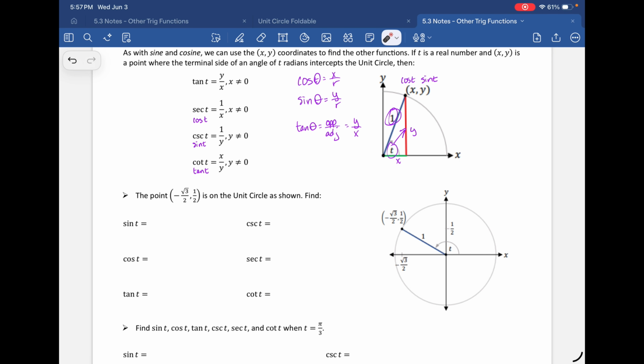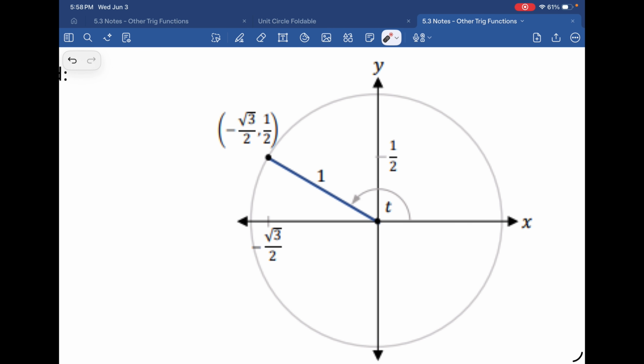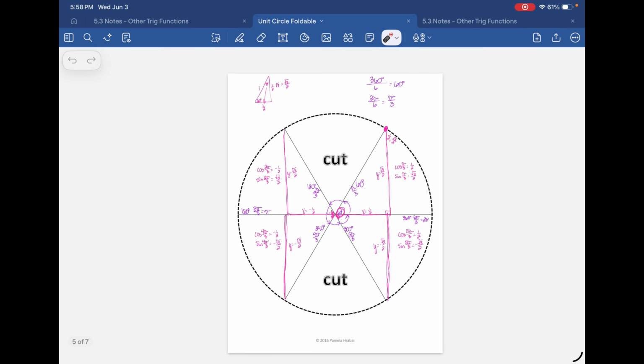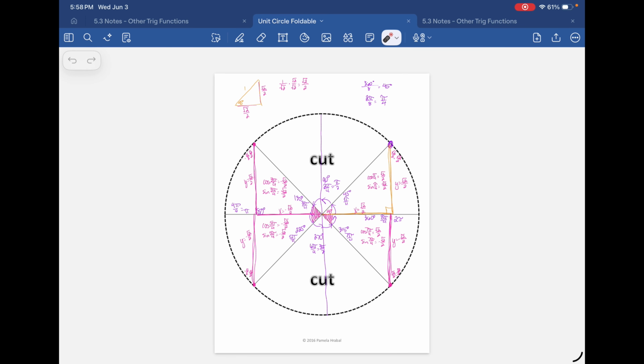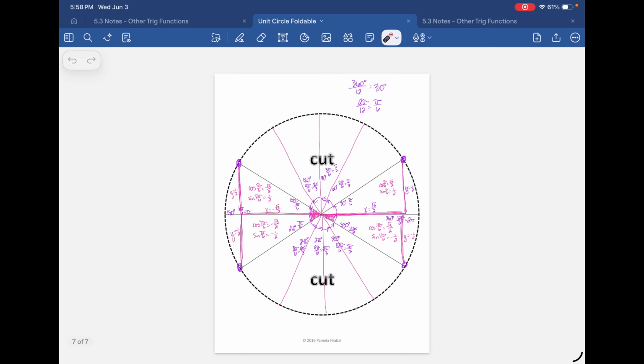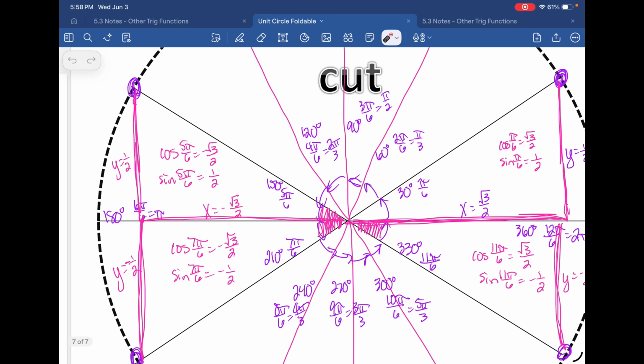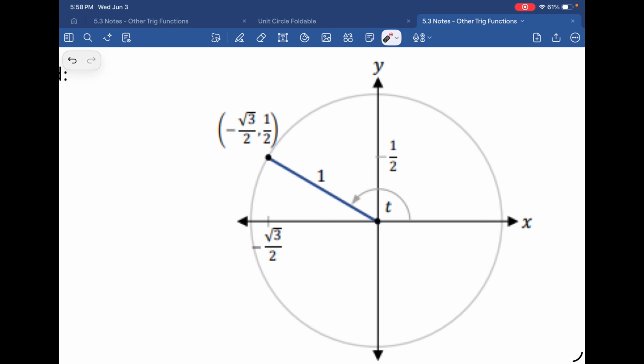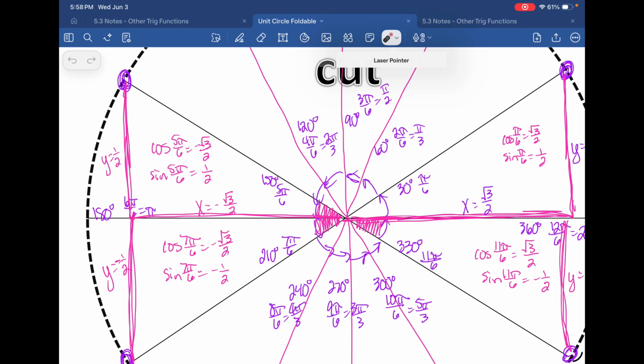All right, so I've got an ordered pair, negative root 3 over 2 and 1/2 on the unit circle. So first thing I'm actually going to have you do is figure out what that reference angle is. This is a unit circle value. Okay, so if I look back on my unit circle, find my x, negative root 3 over 2, positive 1/2.